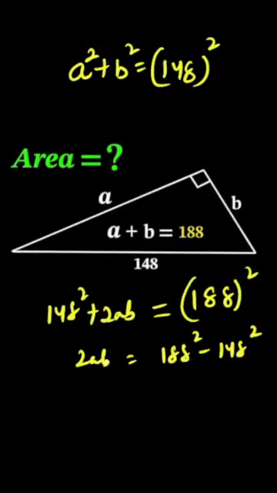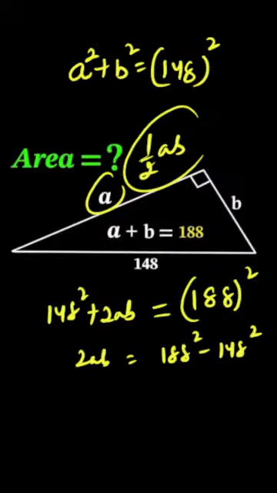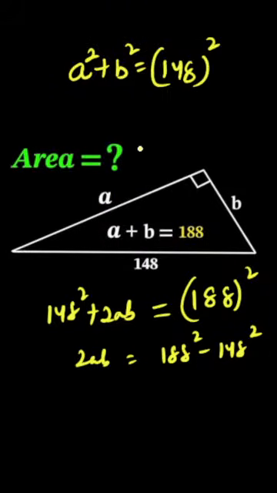Look, I have 2ab already, but for the area of the triangle I need half into base into height, which is half into a into b. So I need half of ab to get the area. Instead of 2ab, I need half ab. How can I convert 2ab into half ab? I divide both sides by 4. Now this becomes half of ab, which is nothing but the area.